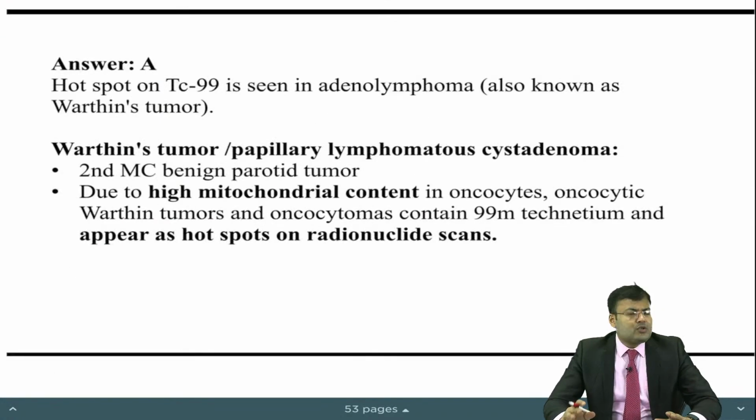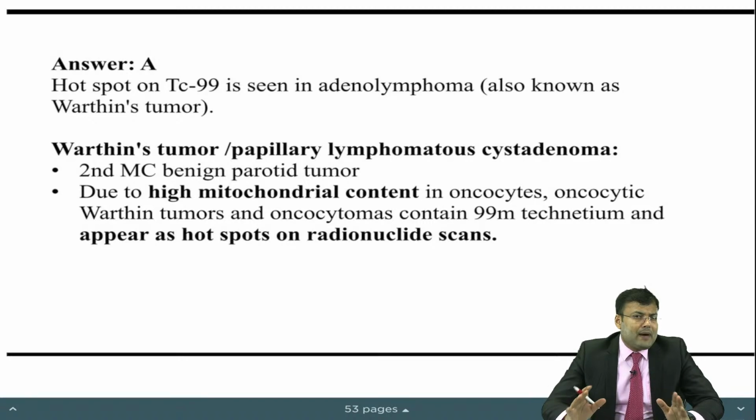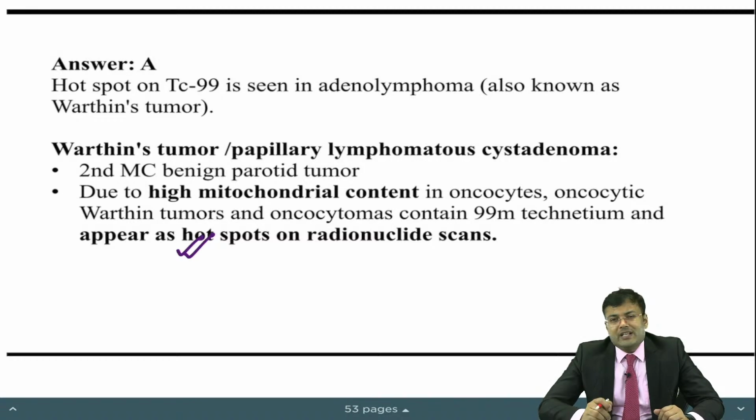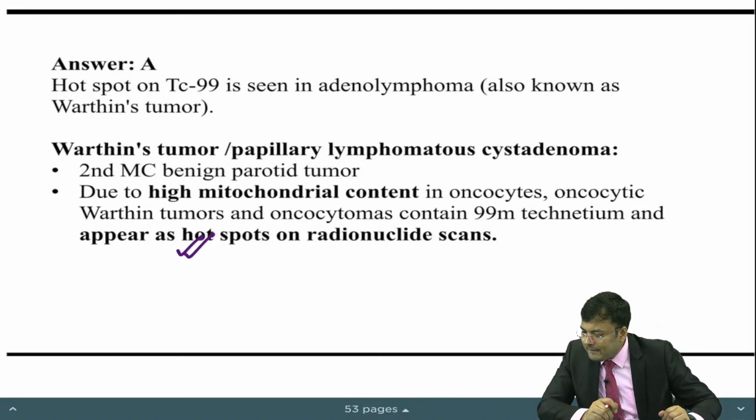Why is there a hot spot? Because there is high mitochondrial count. Because of high mitochondrial count in oncocytes, in oncocytoma as well as in Wardin's tumor, there are hot spots. And how are we going to treat it? By superficial parotidectomy. Simple.